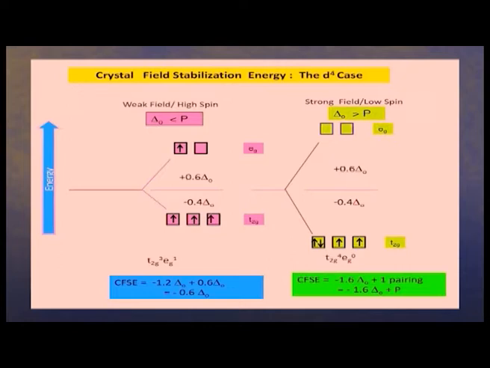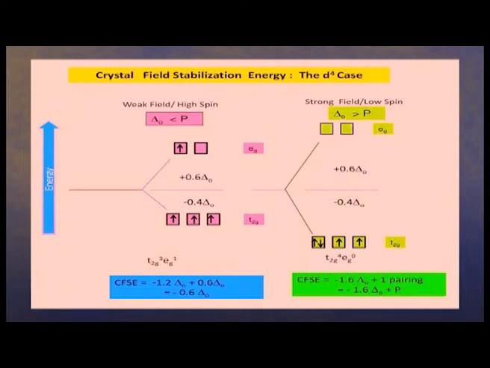So, for all such systems, there would be genuine competition between delta O and P. The electrons will occupy the arrangement which demands less energy. In case of the d4 system, if delta O is greater than P, then the electron will not jump to the eg level and prefers to pair up in an orbital of the t2g set.